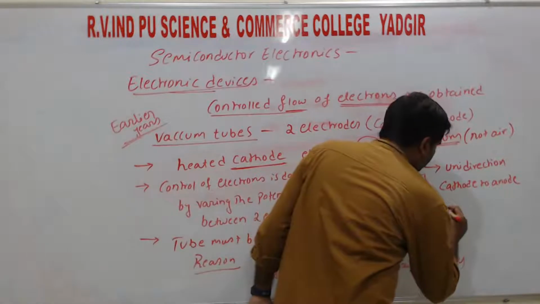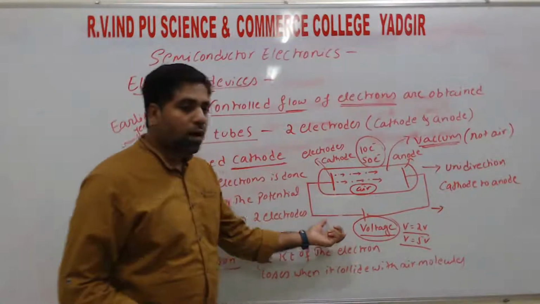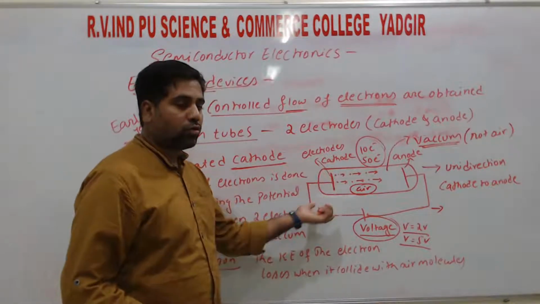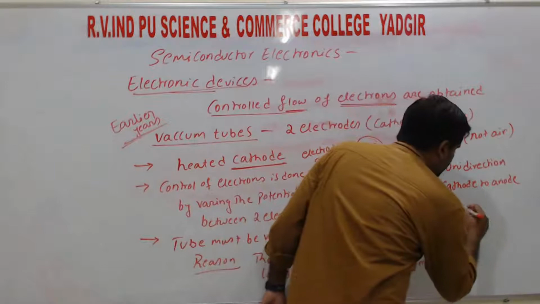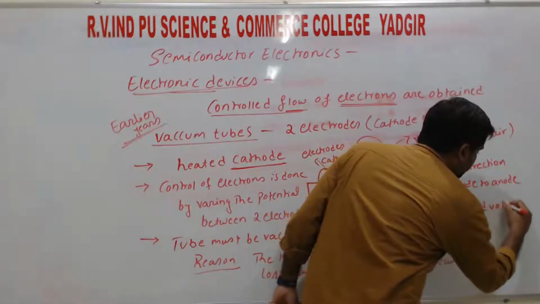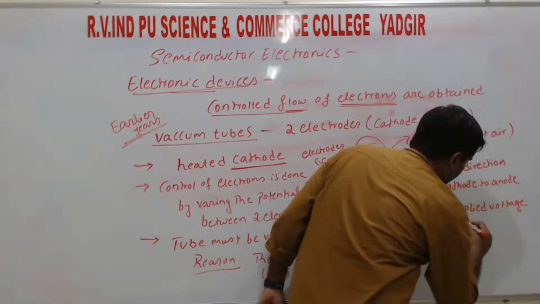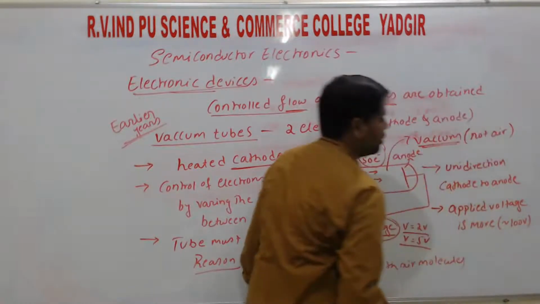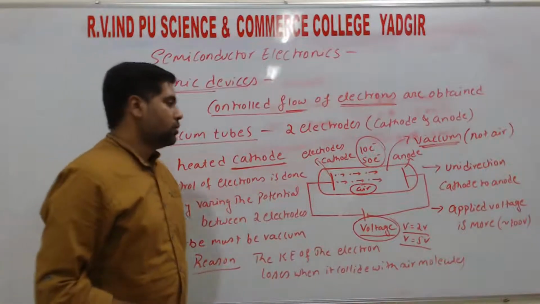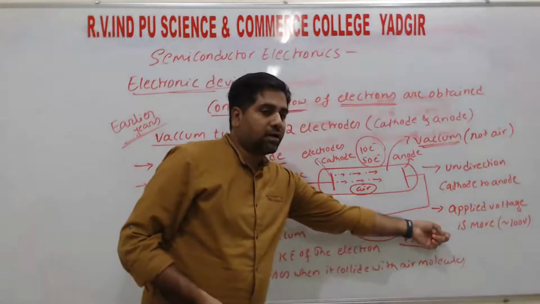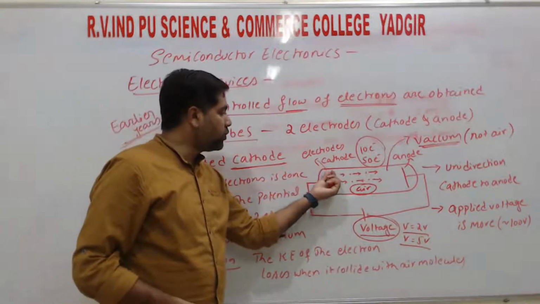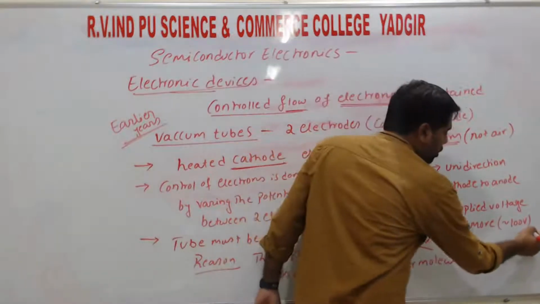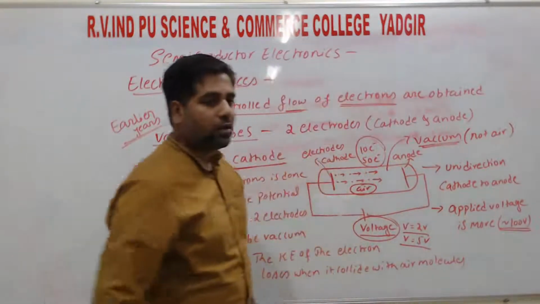For emitting the electrons, we need to apply more voltage, because we need to heat this cathode, right? So the applied voltage is more, that is around 100 volts, right? This is considered as one disadvantage, because we need to heat this cathode, which means we need to supply more voltage, around 100 volts, right?